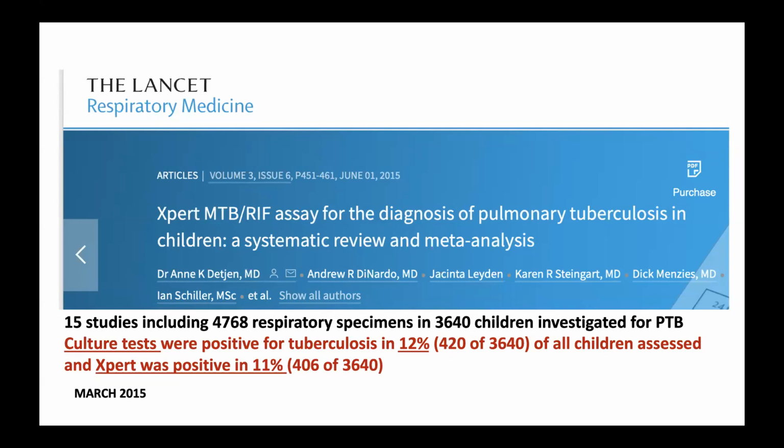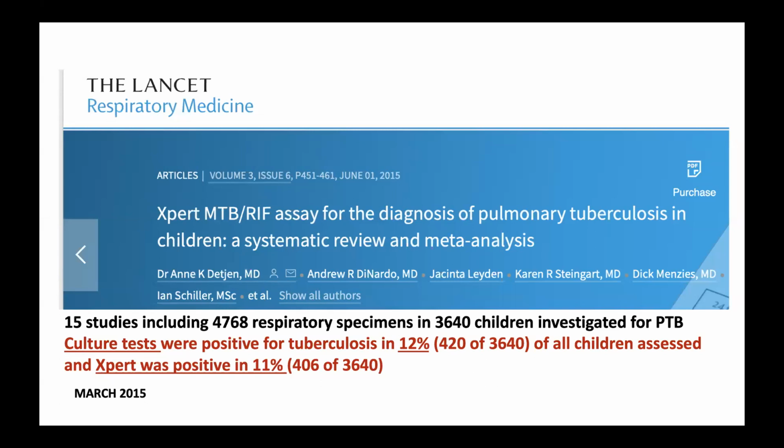So in all these children, in these 15 studies, out of the 3,640 children, only 420 were positive for TB on culture, 12%. Just again really resounding the fact that positive culture is hard to get in children, and really that clinical diagnosis is very important.